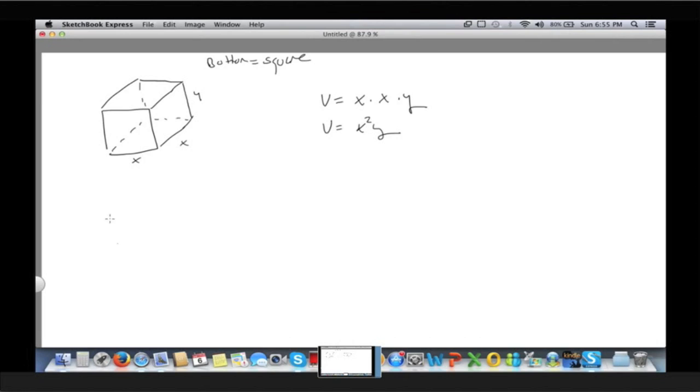Okay. So now we need to make a constraint. So we have 864. And then we have the top and the bottom are the same.